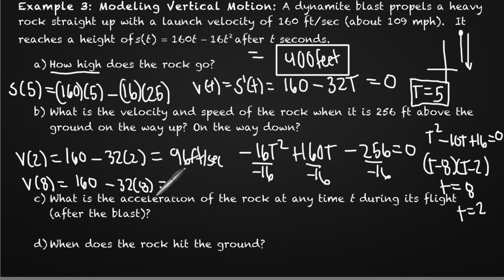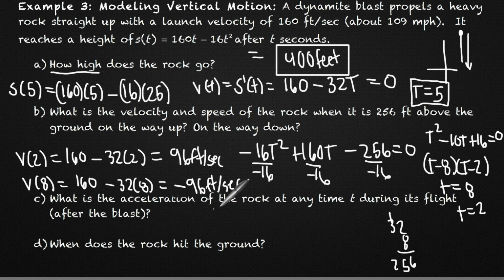Let's see, 32 times 8 is 256. So 160 minus 256 is going to be negative 96 feet per second. The fact that it is negative lets us know that it is on its way down.